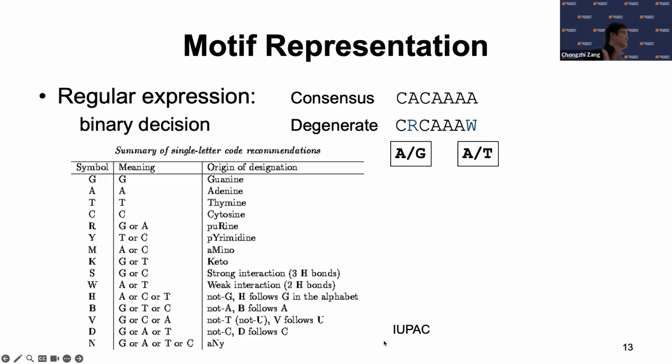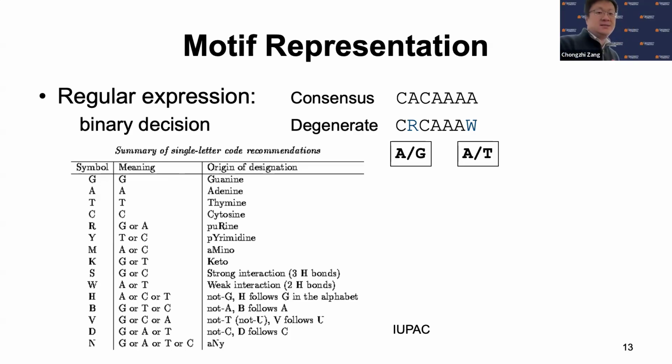So we have a common way of representing this type of motif sequences. However, there is still one issue. Eventually, using this regular expression, we can represent any type of sequence motif, but it is not quantitative enough.